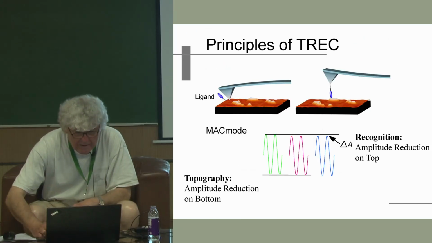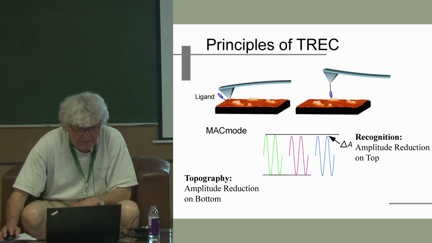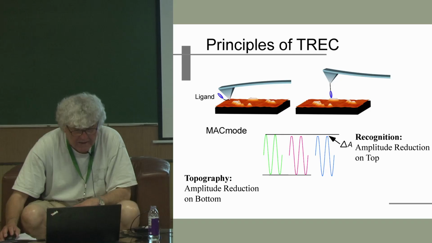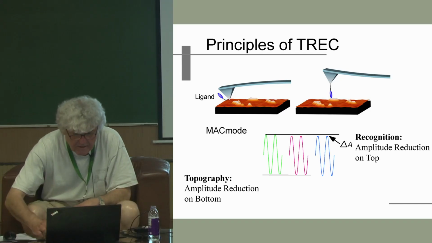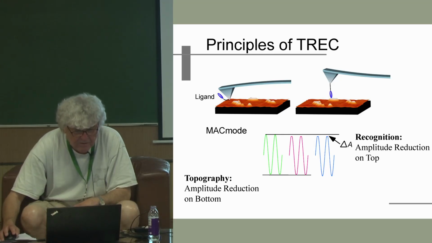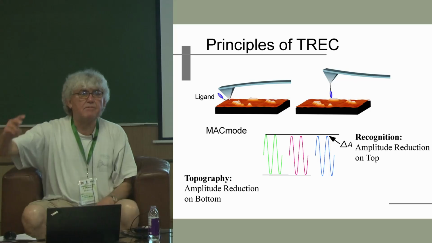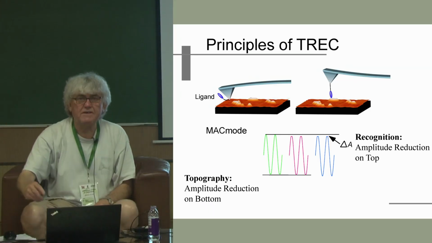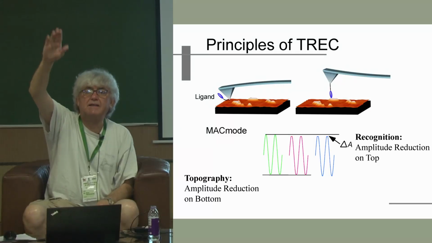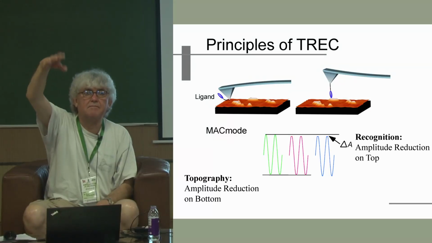So how it works. We oscillate the cantilever carrying a ligand, and we are actually using the Mac mode for it. Mac mode is a mode where the cantilevers are magnetically coated, and you drive the cantilever directly in a magnetic field.